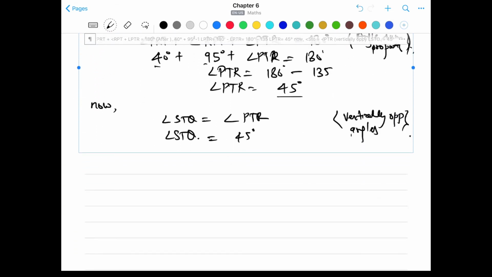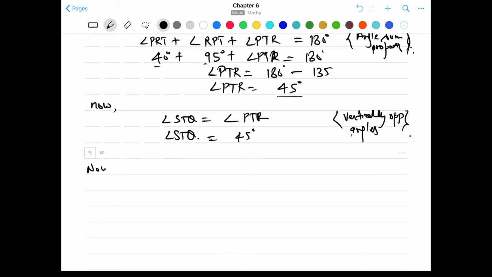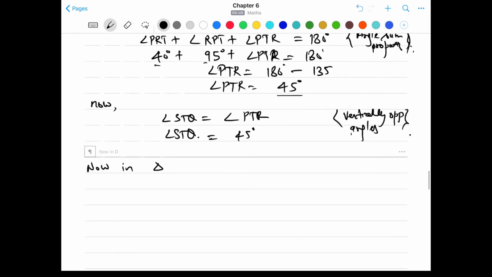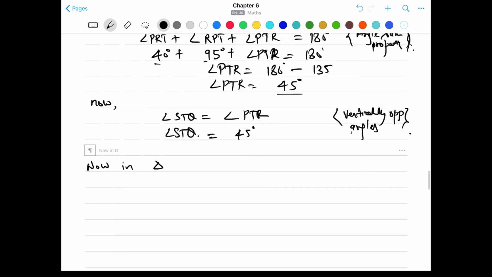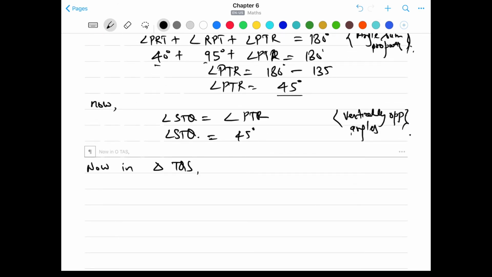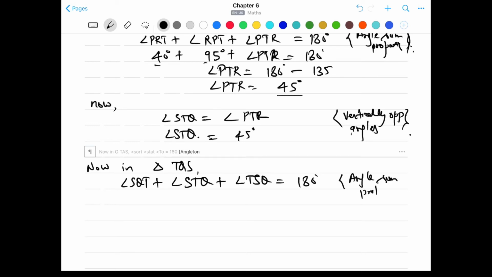So let's start. Now in this triangle, that triangle is STQ or QST, whatever name you give. So in triangle TQS, the sum of the angles SQT plus angle STQ plus angle TSQ will be equal to 180 degree. Again by angle sum property of a triangle.